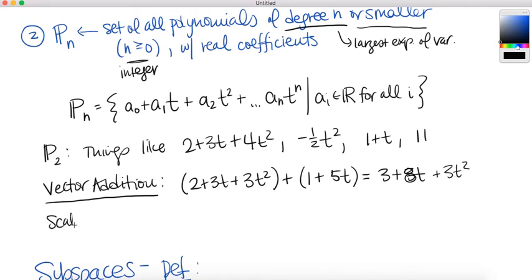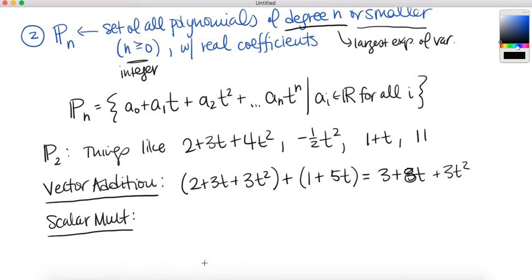What about scalar multiplication? We want to take a polynomial, 6 minus 7t plus t squared, and multiply it by a scalar.